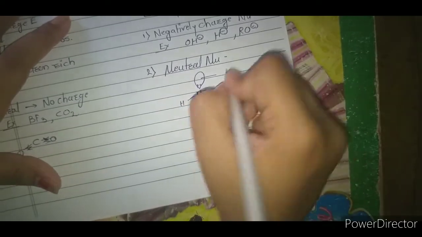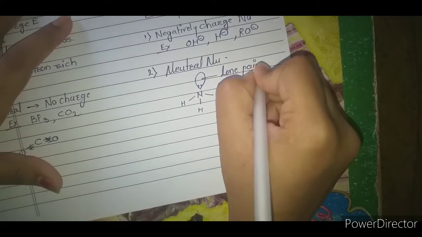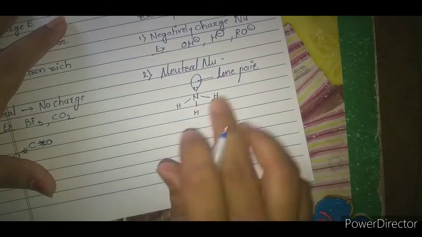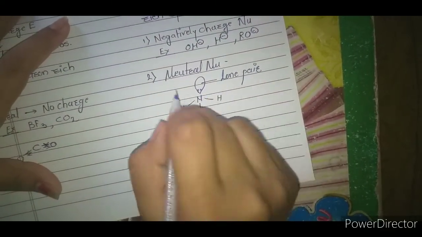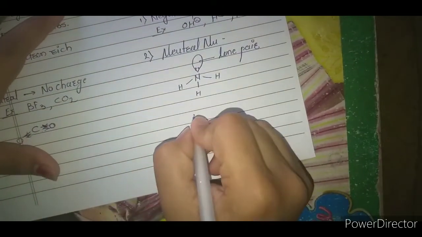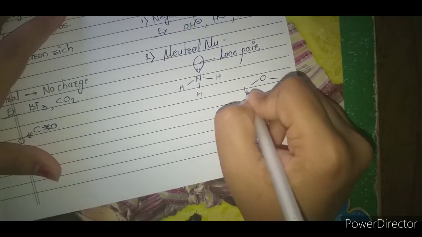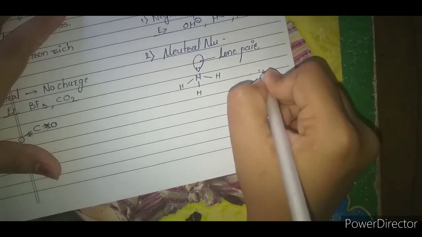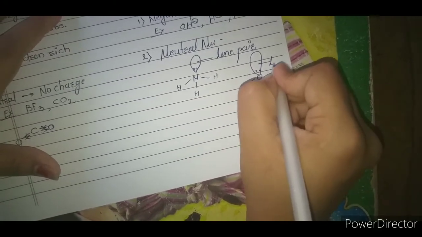Okay, this is a lone pair present on nitrogen, so it has excess electrons and acts as a nucleophile. Next example is water. Oxygen also carries one lone pair and acts as a nucleophile.